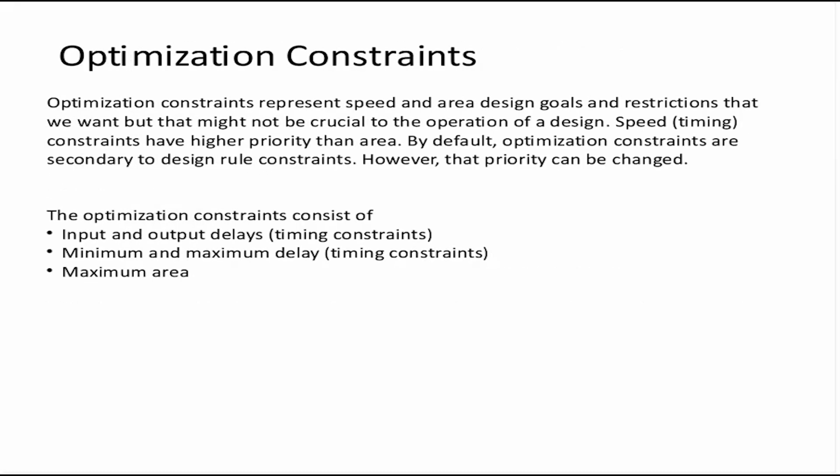Now let's move on to the optimization constraints. The optimization constraints represent speed and area design goals. Power is the third angle, but we will not discuss it in this lecture. So these are goals. For example, I set a goal of 1 gigahertz on a custom CPU design.